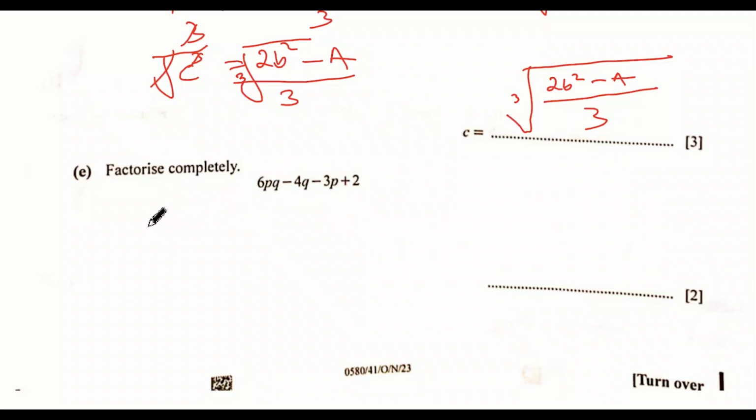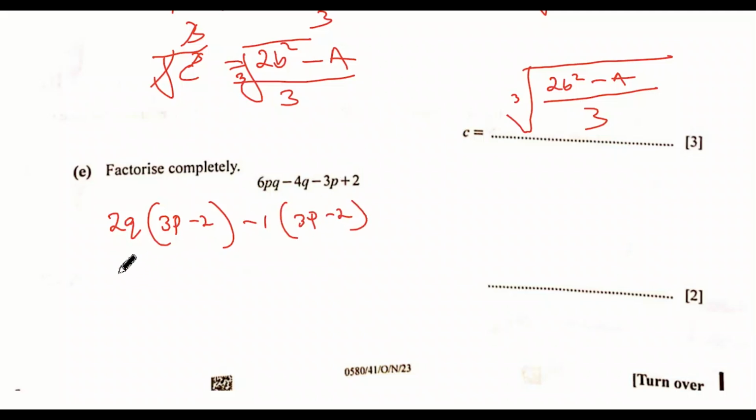So in this case we can factor out 2q, then we are left with 3p minus 2 here. Then from here we have minus 1 to be common to minus 3p and then 2. So we have minus 1 then into 3p minus 2.